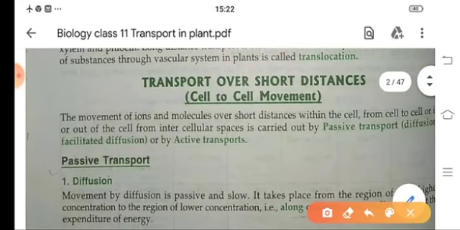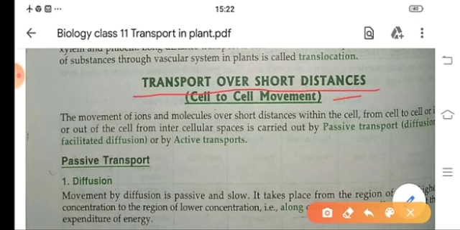So let us start with transportation over short distances or cell to cell movement. Now this cell to cell movement is done by the following processes: passive transport or diffusion, facilitated diffusion, or active transport. Passive transport means, children, without the use of energy, and active transport means use of energy is there.